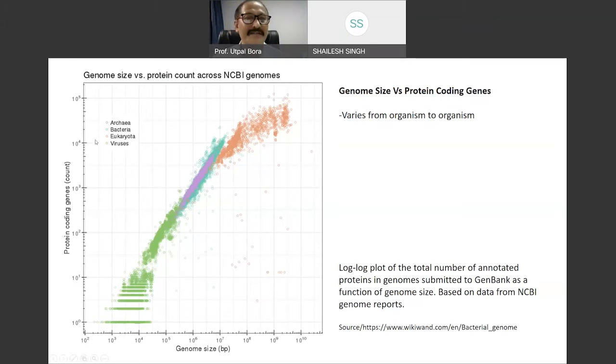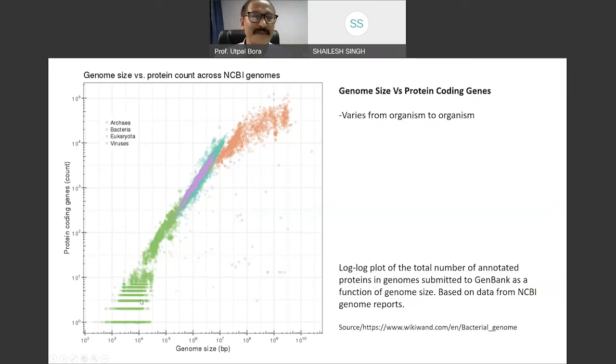And these are various organisms from the various kingdoms: archaea, bacteria, eukaryota, virus. Virus is green colored, eukaryota is orange colored, and you have the bacteria, a little bit of dark green, and you have the archaea over here.